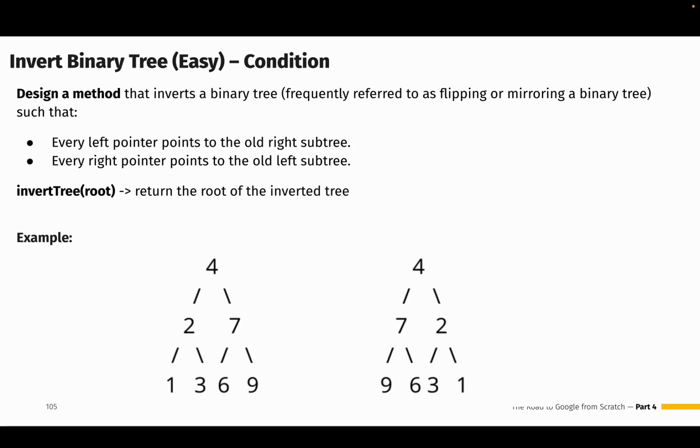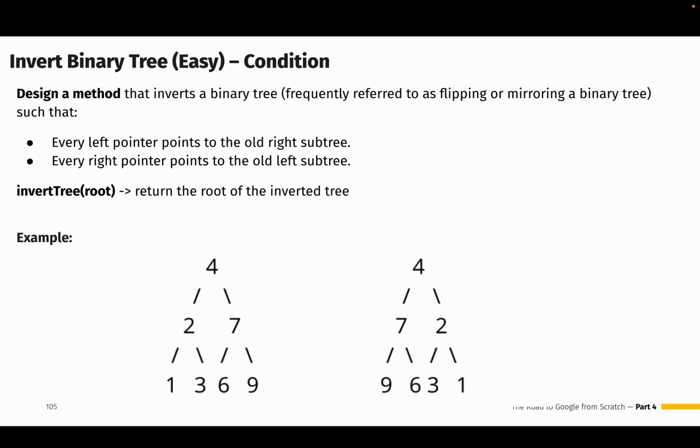But the idea is this. So let's check the first exercise. The condition says that we need to design a method that inverts a binary tree, frequently referred to as flipping or mirroring a binary tree, such that every left pointer points to the old right subtree, and every right pointer points to the old left subtree.